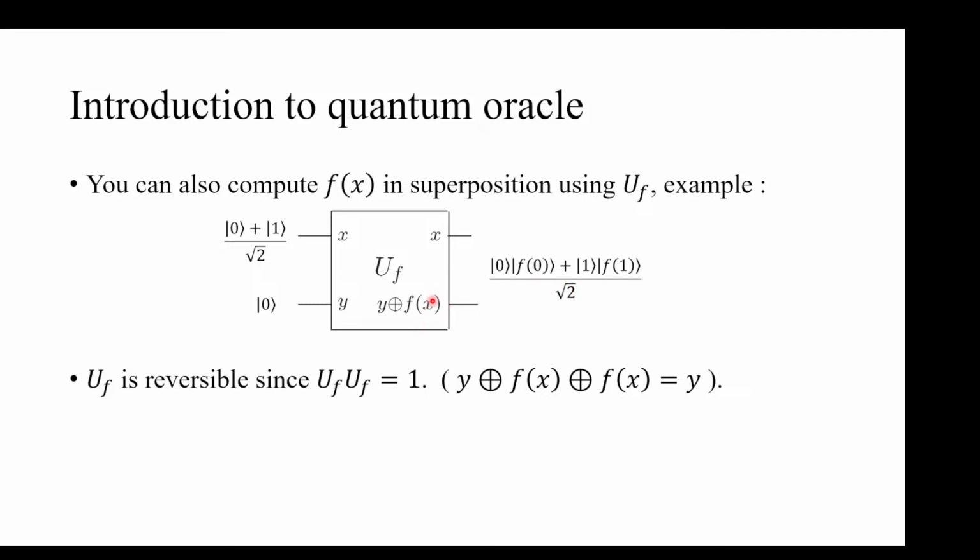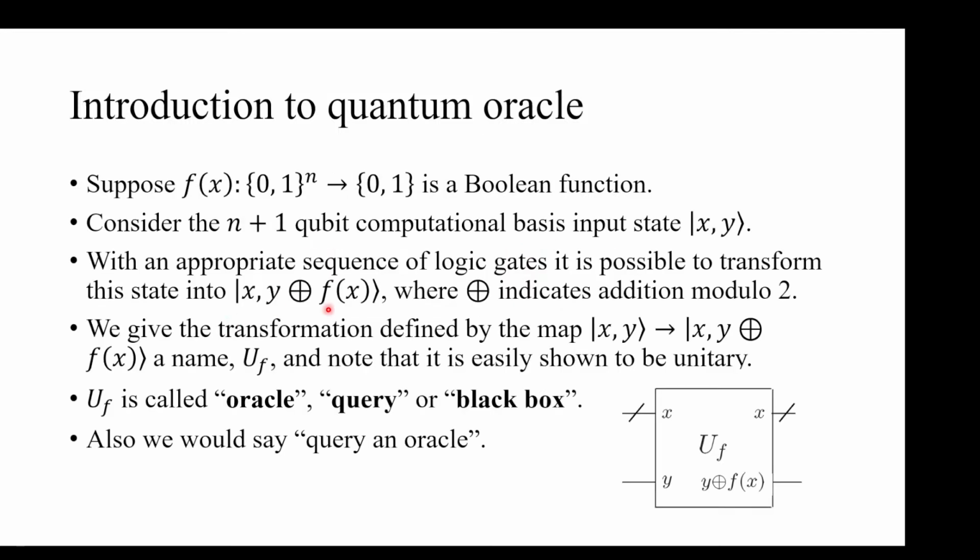Later on we will do more interesting things with the output state. For now we just set y as 0, as an empty space to write the output. So you put 0 plus 1 over square root 2 as the input x and 0 as the input y, then the output state will be this parallel result of computing f of 0 and f of 1, just by the rule we have here.